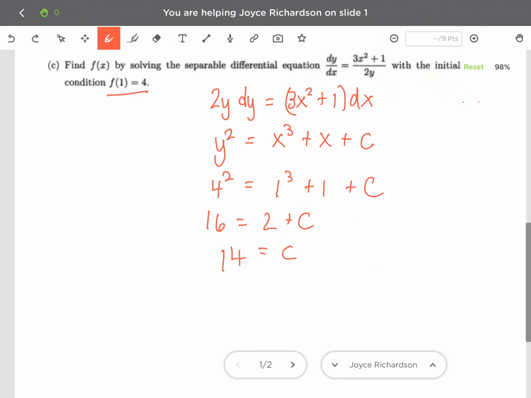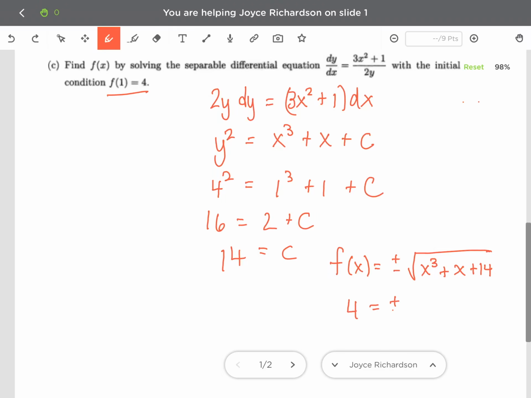And so my original equation, what I should have is that f of x is equal to plus or minus the square root of x cubed plus x plus 14. Now what I have to do is plug in 1, 4.